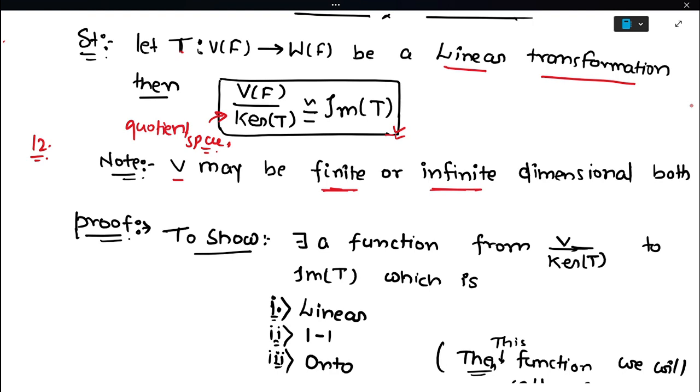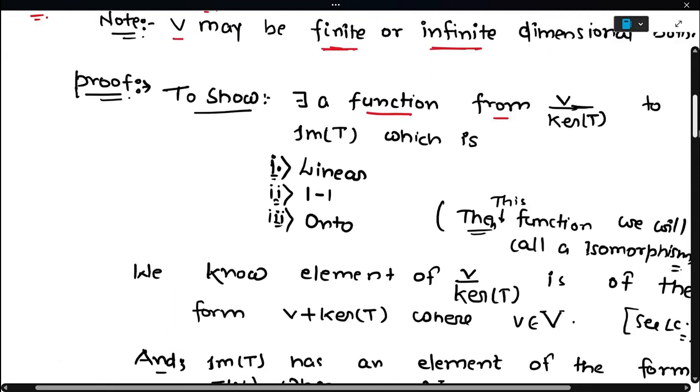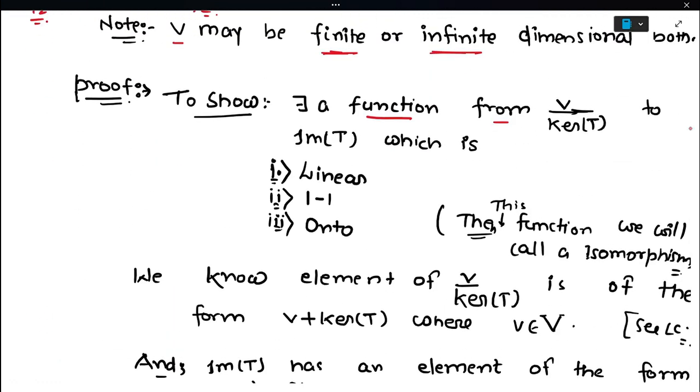What we need to show is that there exists a function from V by kernel of T to image of T. We need to construct a function which is an isomorphism, which should firstly be linear, second be one-one, and third be onto.